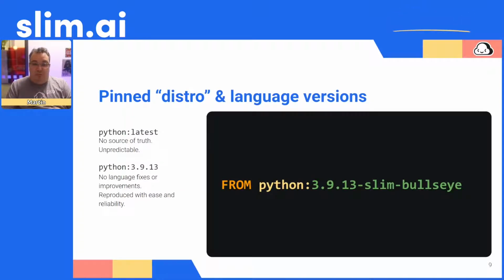What we do here, choosing a version number for the base image, is often referred to as pinning. It's a slight misnomer, but it's often called pinning. And some tutorials teach newcomers to pin their images to the latest tag. However, containers are meant to be ephemeral, meaning that they can be created, destroyed, started, stopped, and reproduced with ease and reliability.